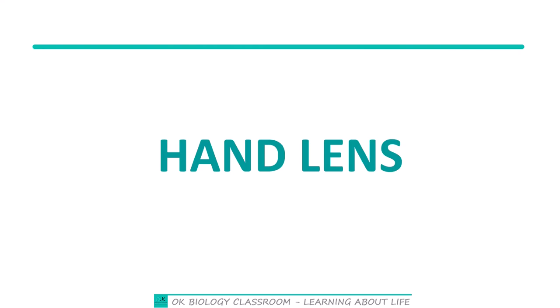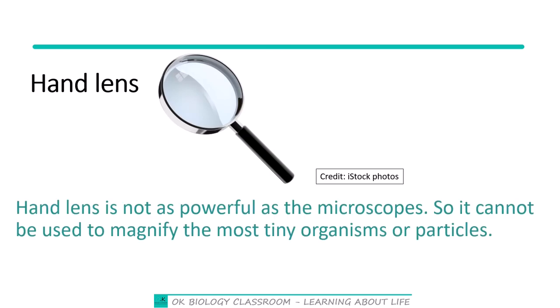Now we cannot end by not talking about hand lens, although it is not a microscope and that is not the focus, but hand lens is also important in biology. In some cases there are some specimens that are not too small. We can see them with our eyes, but there are some details about those specimens that we would have to also observe. For example, you're observing a moss and you see some root-like structures, but you want to see exactly how they look like.